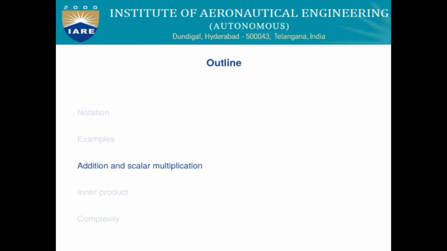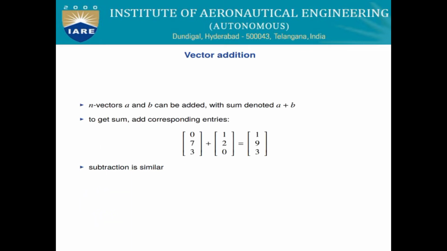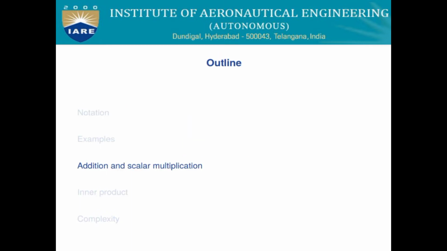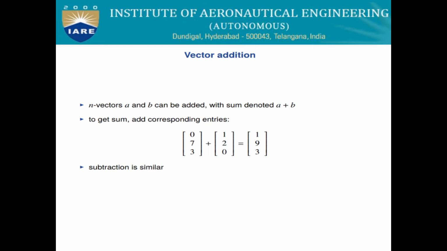Outline: addition. The next topic is addition and scalar multiplication. In previous classes we have learned about addition and scalar multiplication. n-vectors a and b can be added, with the sum denoted a plus b.